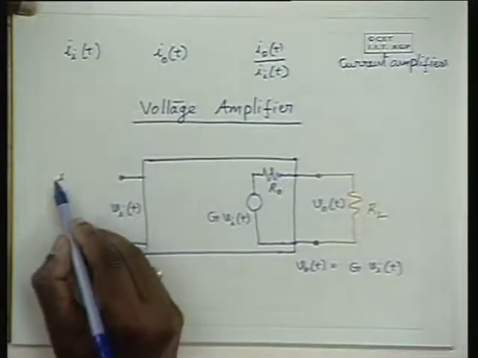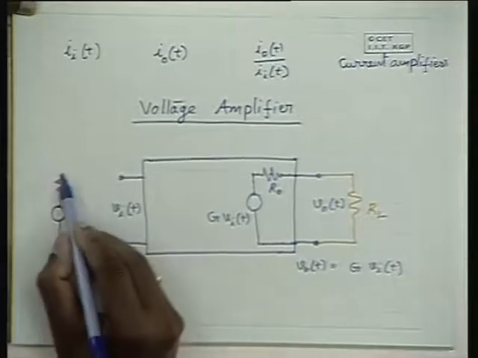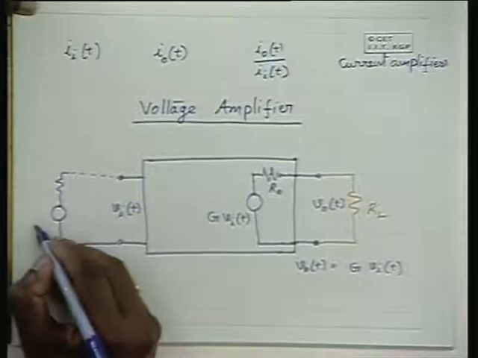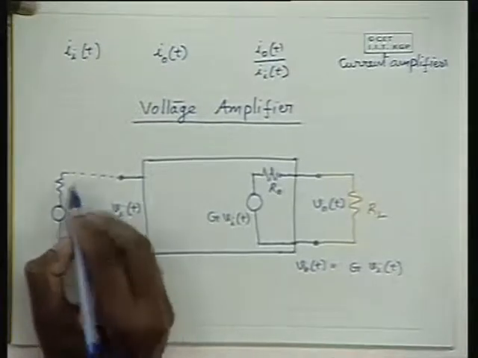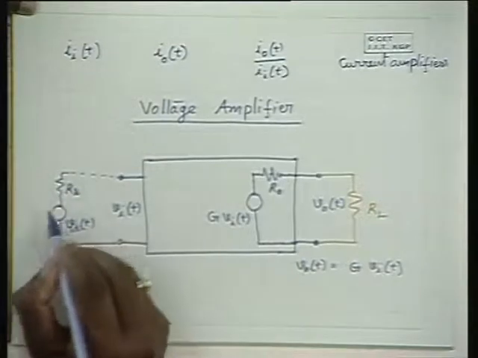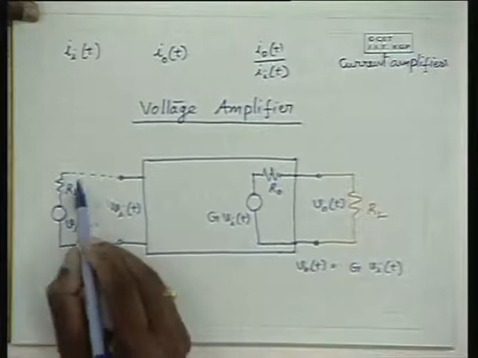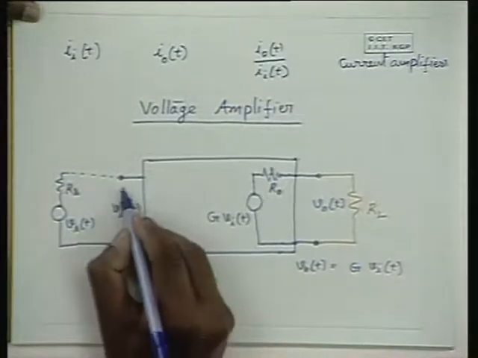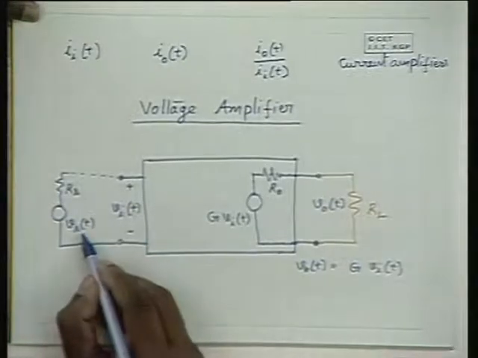Now let us look at the input side. There can be a practical voltage source applied to this, with the source voltage being VST, and the source may have some source resistance RS, because all sources are practical sources, they are not ideal. And when you connect the amplifier to the source, do you expect VIT to be equal to VST?